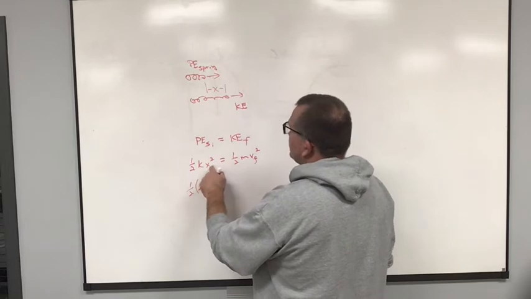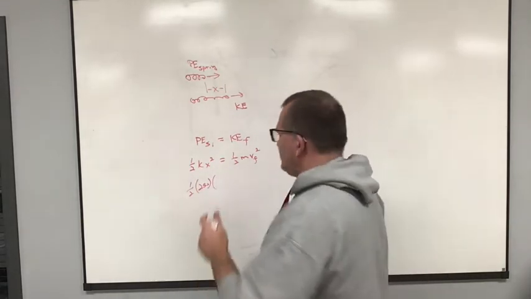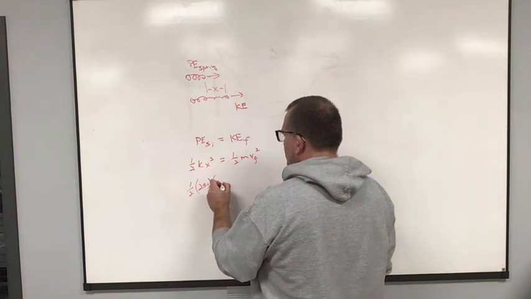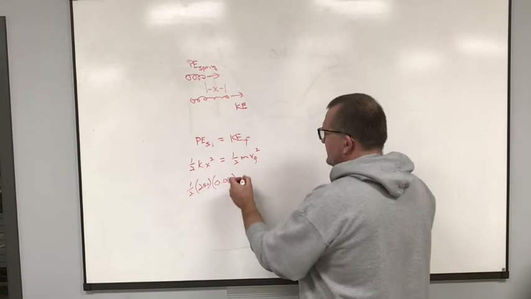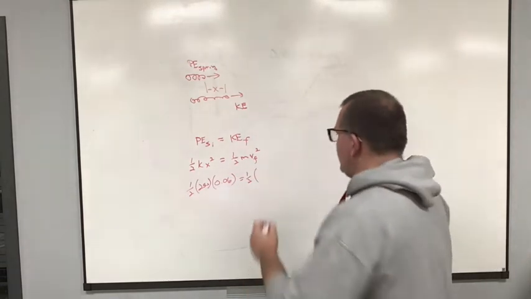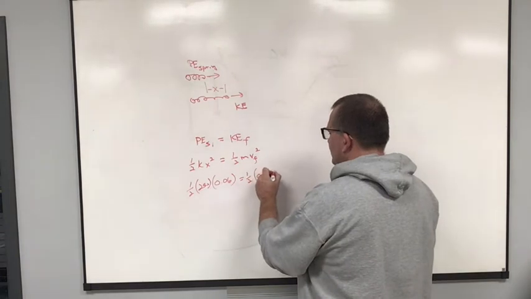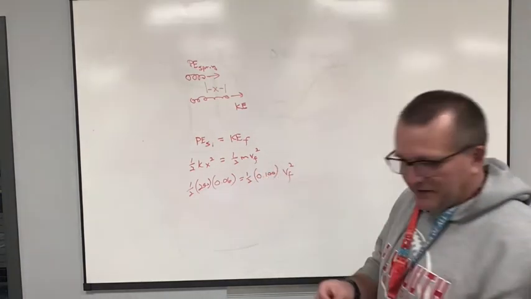And then my x is 6 centimeters, so I move the decimal 2 to the left, 0.06 meters, is equal to 1/2. Now the mass is given to me, which I needed to have, since I didn't have it on both sides, I couldn't eliminate it. v final squared.